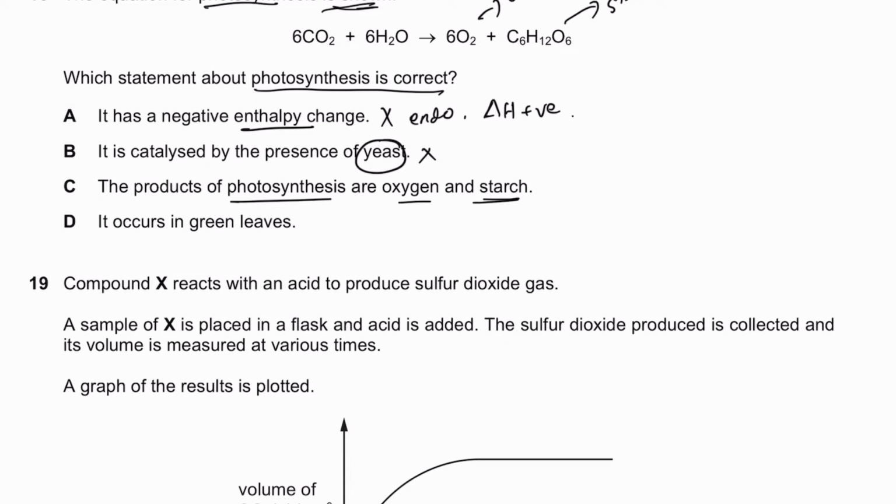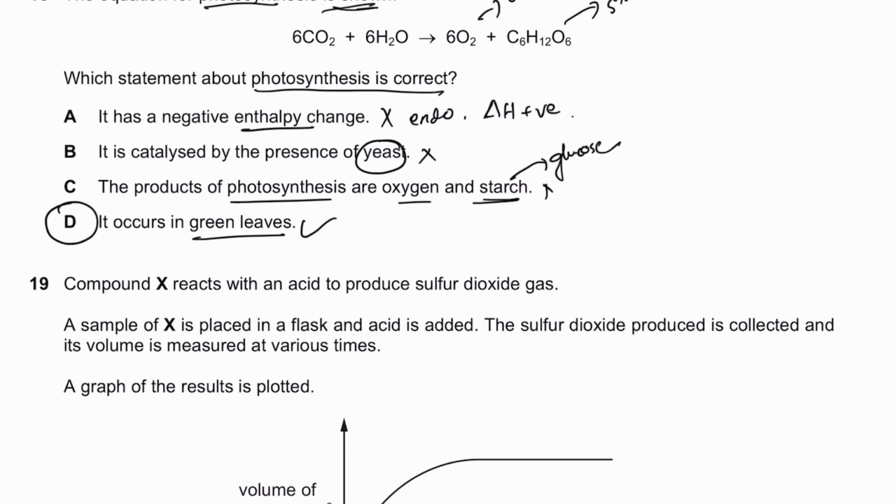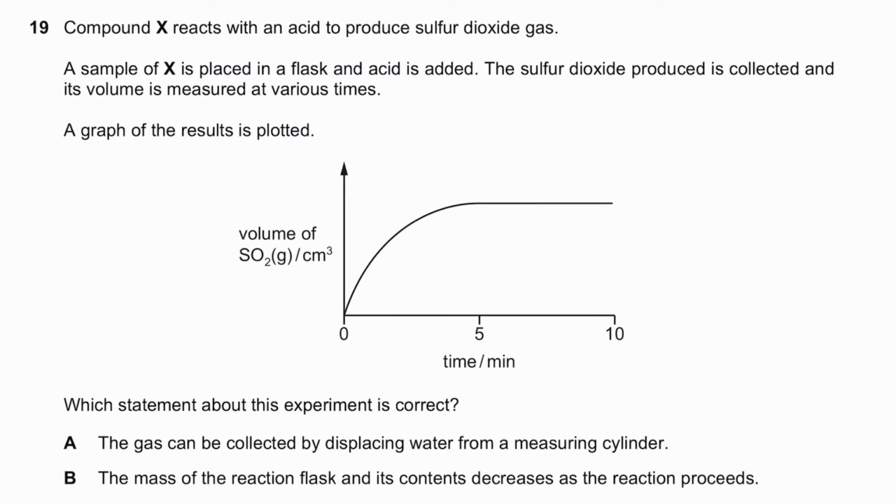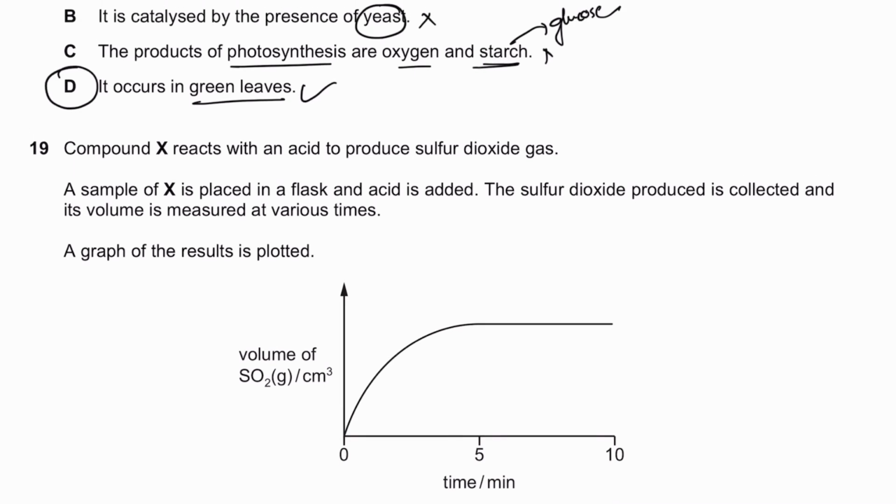Starch, or you can basically say glucose. It occurs in green leaves. So yes, it does occur. Actually it's not starch, it's glucose, because it's the basic product and then it's converted into starch and stored in the sink of the plant tissues.